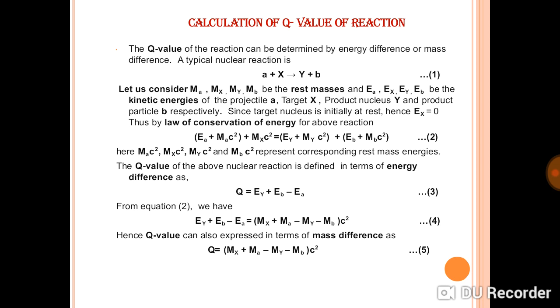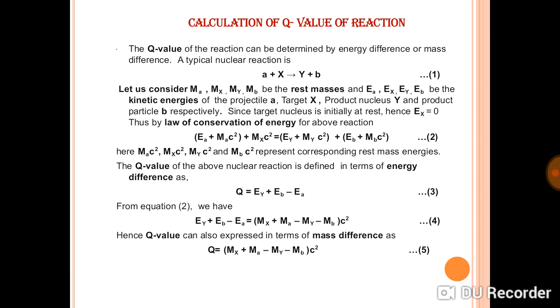Thus, the total energy of reactants is Ea plus Ma c square plus Mx c square, while that of the products is Ey plus My c square plus Eb plus Mb c square. Here Ma c square, Mx c square, My c square and Mb c square represent the corresponding rest mass energies.